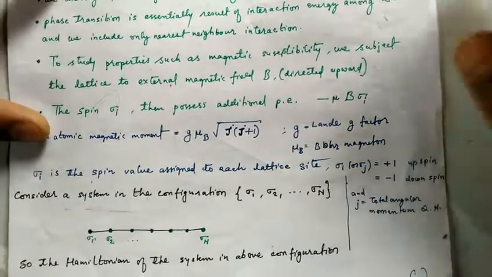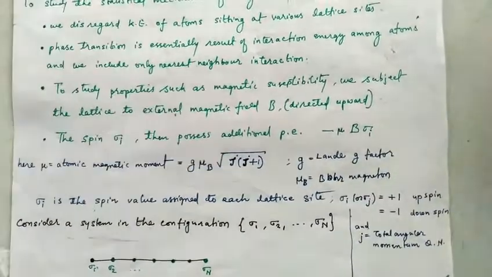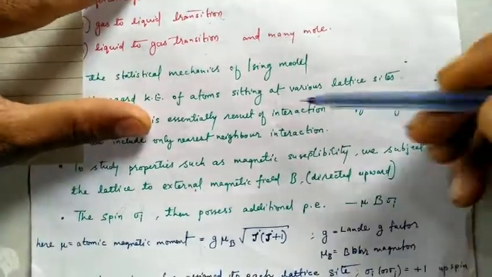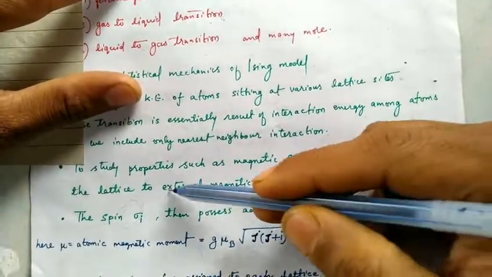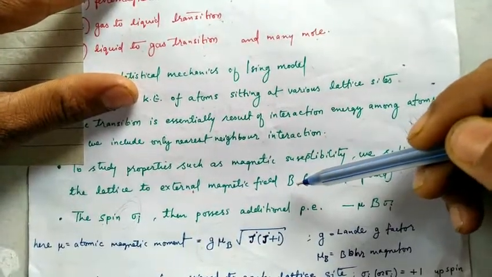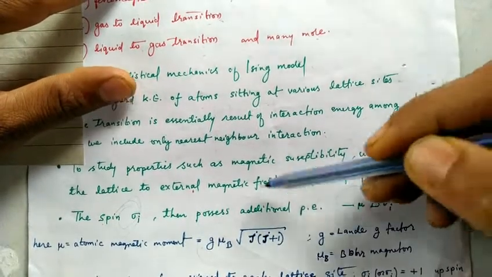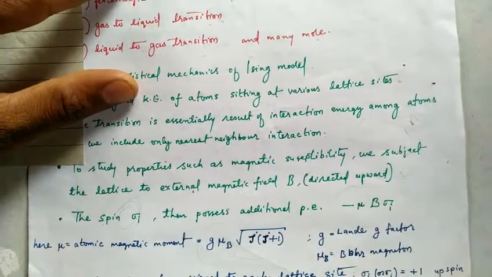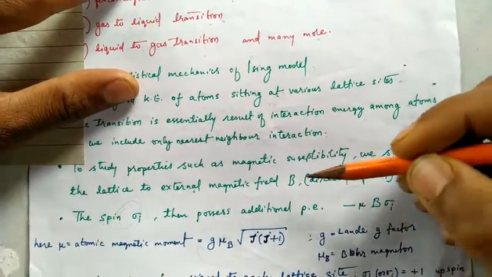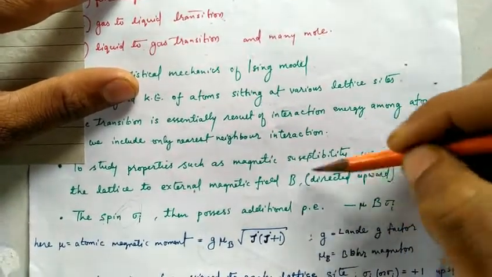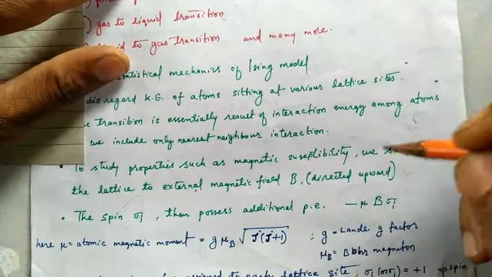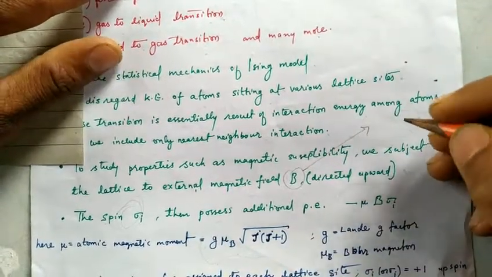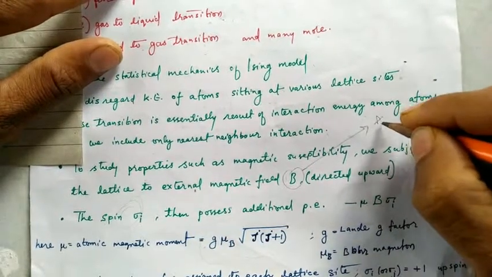Now you can see that there is an external magnetic field, as I have written. This is the external magnetic field B, and you should never confuse this B with the magnetic induction. The B here for our case is the magnetic field, and the unit of B is ampere per meter.